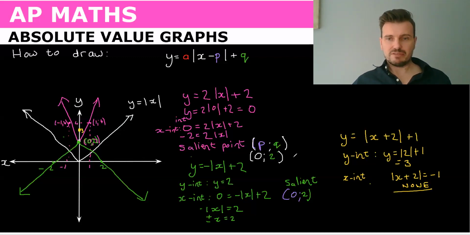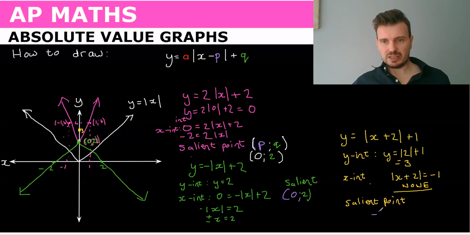Okay, but now we can find a salient point. And so we look at the P. Well, the P value is, and so now remember that it's negative P. So the P value here is negative 2, because remember, a positive shifts it backwards.